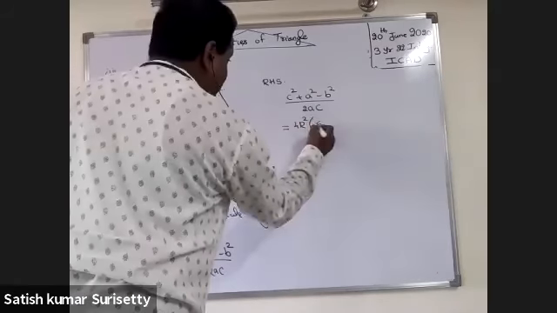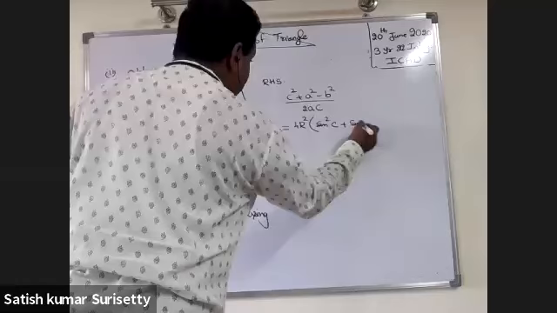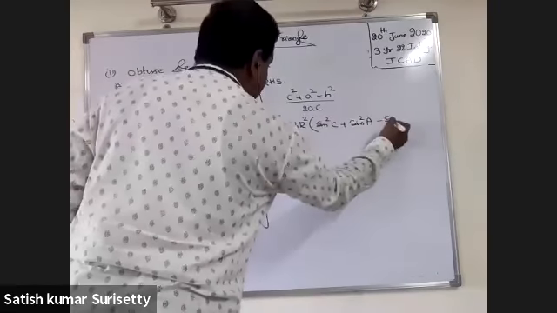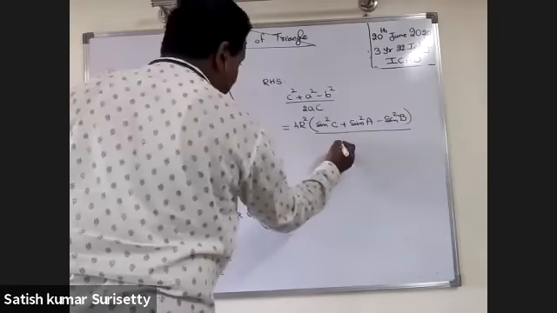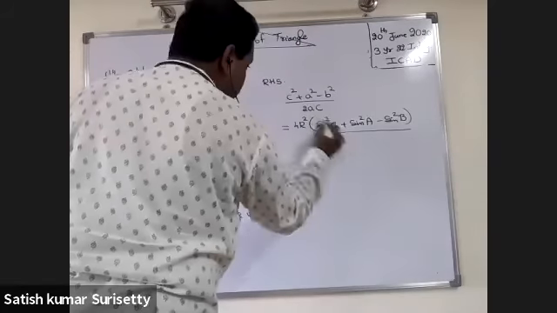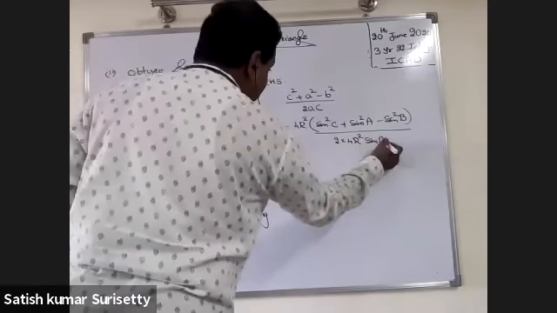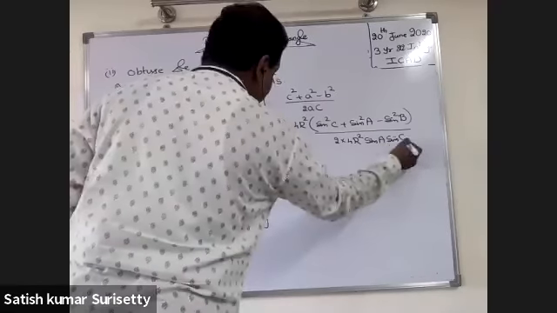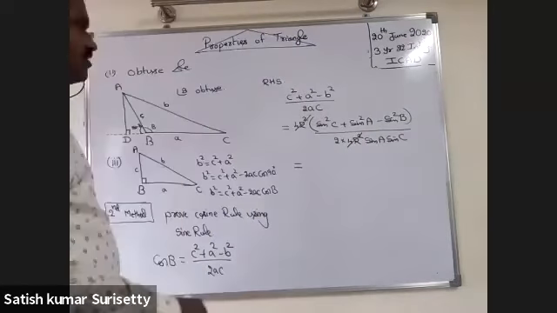Sine square C plus sine square A minus sine square B upon, here also we will get 2 into 4R square sine A sine C. So 4R square gets cancelled. Group these two and simplify.